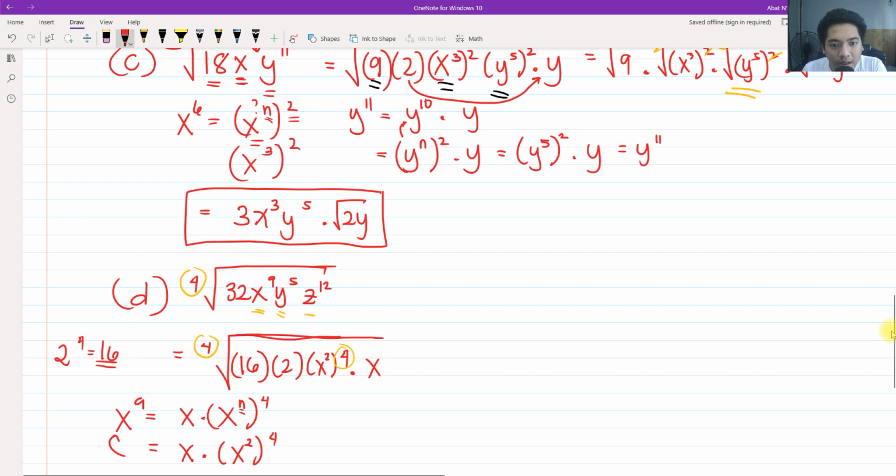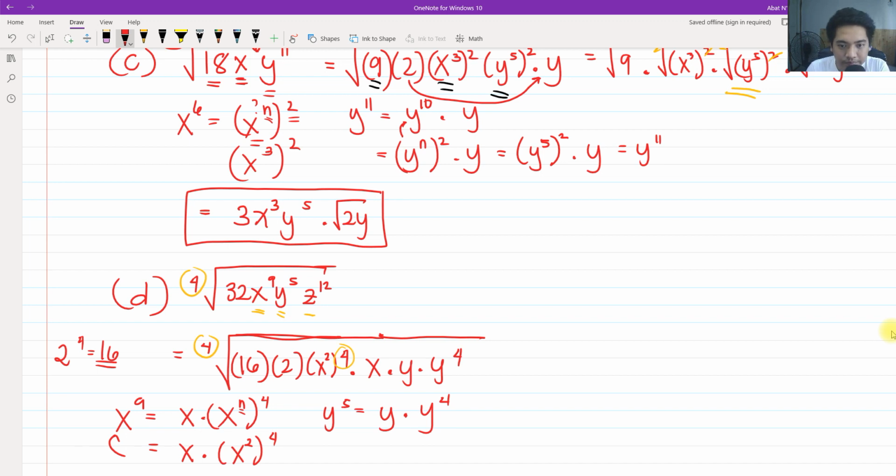That's the goal. And for our y raised to 5, this is an odd number, so I'm going to split off 1 y here, and then I'm going to have y raised to 4. It's very simple. That's the rule that we're going to use.